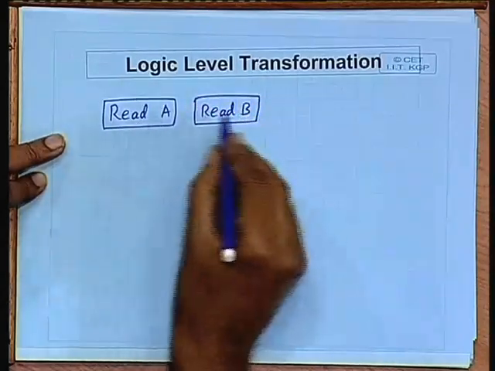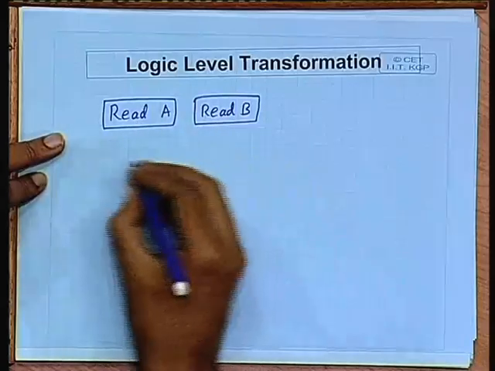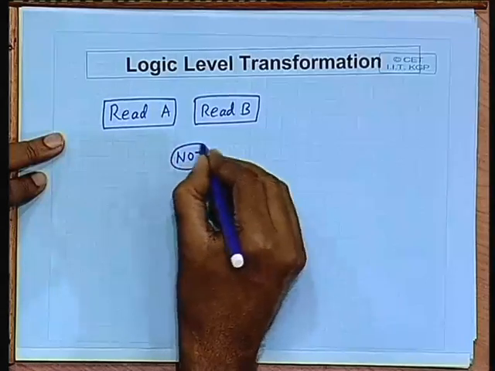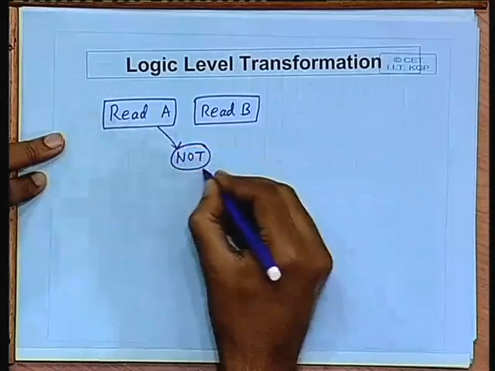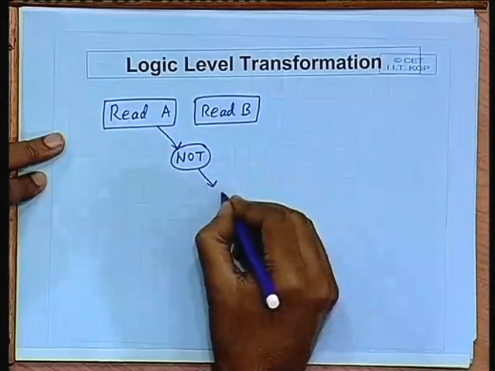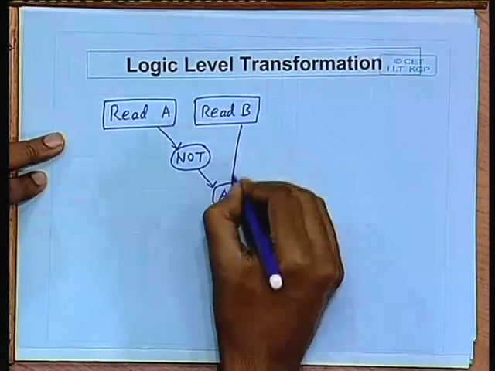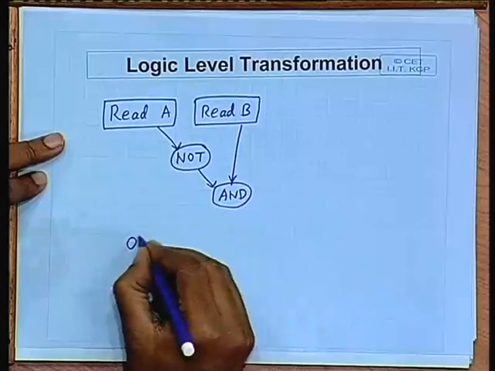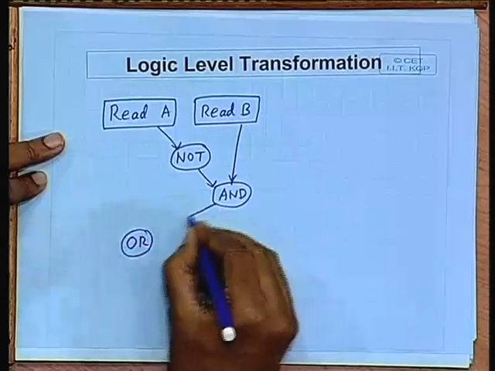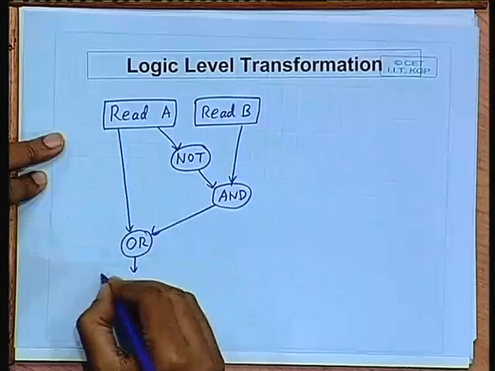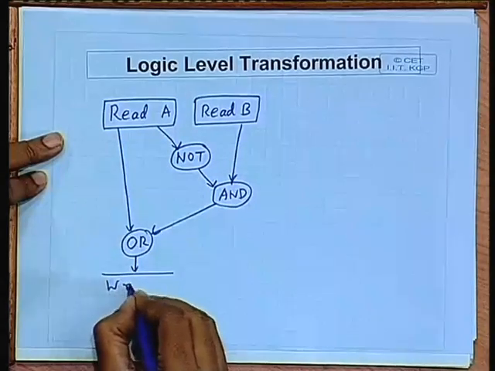You are reading the values of two values A and B. Suppose you are doing a logical NOT on one of the values, then a logical AND on this value and B, then a final OR on this and this, to generate, say, a value C.